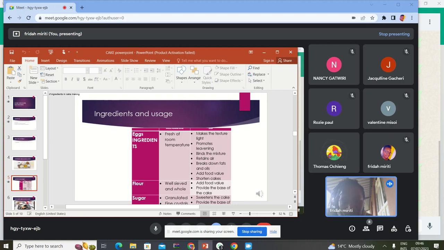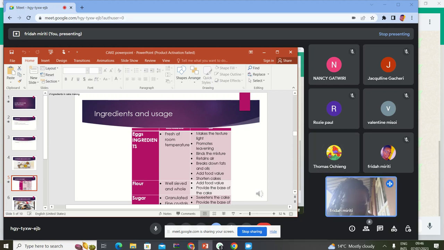We have eggs. Their properties is that they should be fresh and at room temperature. Someone to tell me one usage of eggs in cake making? Egg is used to add value. Okay, thank you, Thomas.